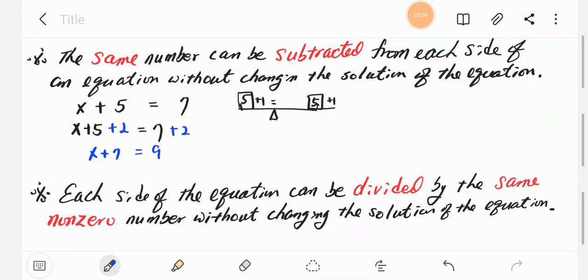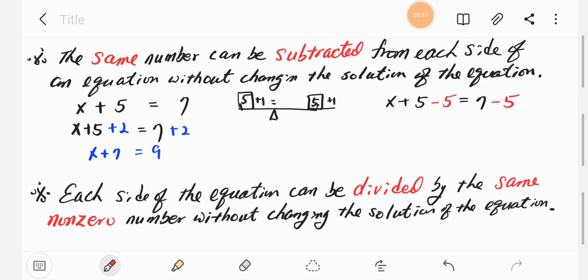The solution will be the same. Actually, in this case, you can subtract the same number. I just added, but you can subtract the same number. So why don't we subtract 5 from each side?